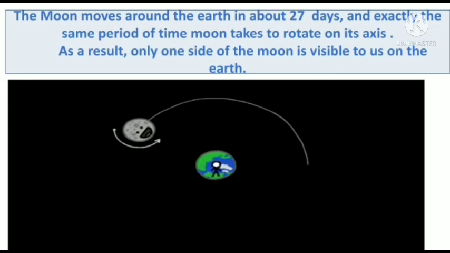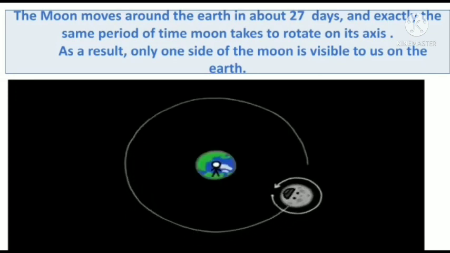Now, Sir George Darwin told about the moon, about its speed, and this type of orbit created by the moon.